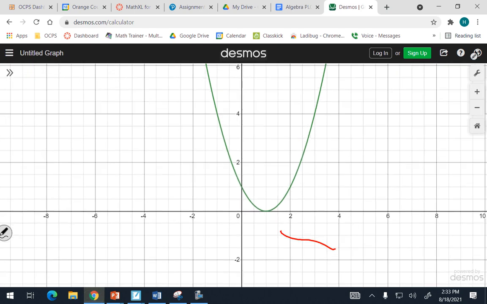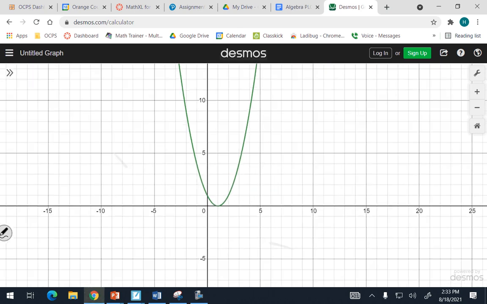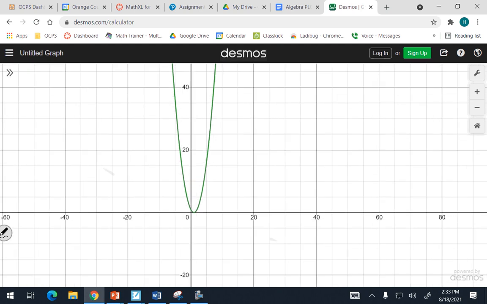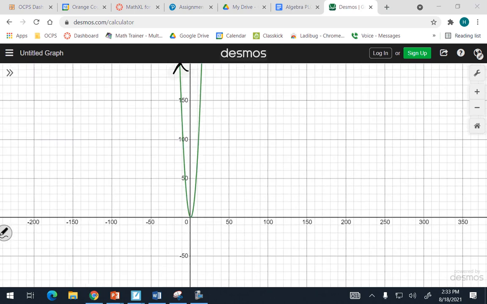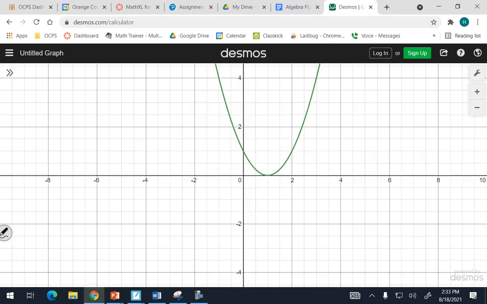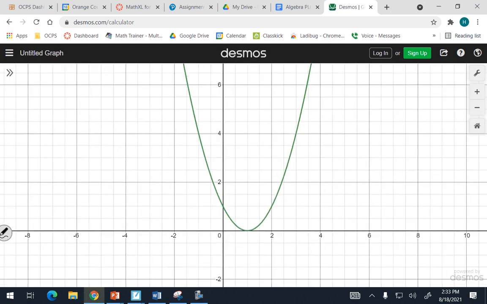Notice that even as I zoom, my left and right side is going up, up. So no matter how far out I zoom, on my left side here, I'm going up. And on my right side, I'm going up.